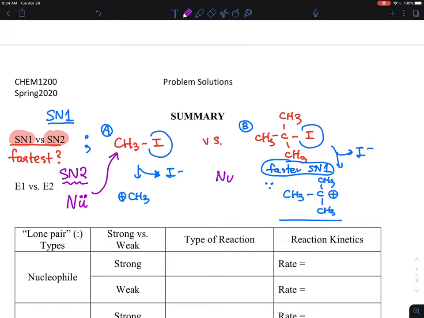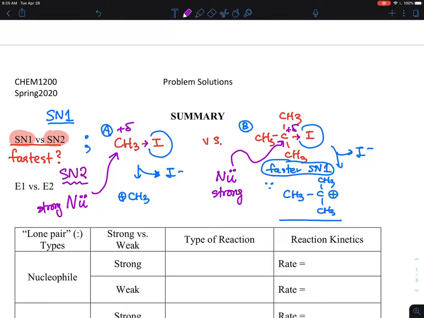This is a strong nucleophile trying to react with this carbon, because that's the one that is partially positive. Iodine is the electronegative group, so it pulls the electrons out. But if you have a strong nucleophile, which one will have a faster SN2 reaction, methyl iodide or tertiary butyl iodide?